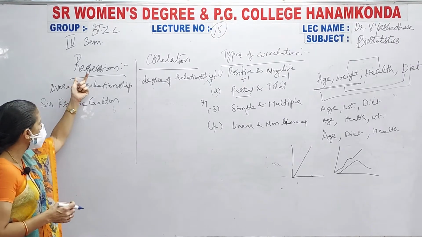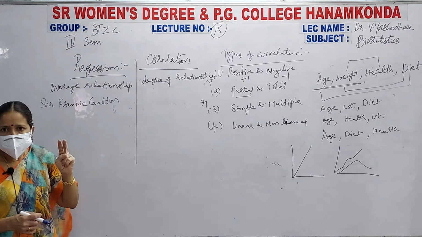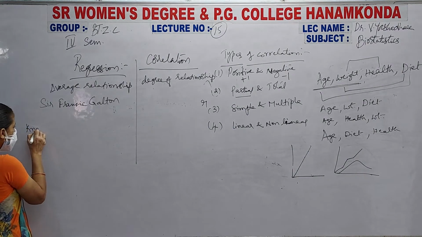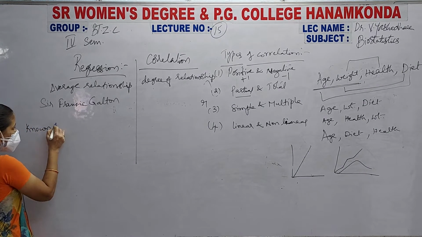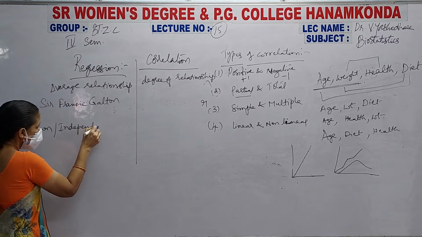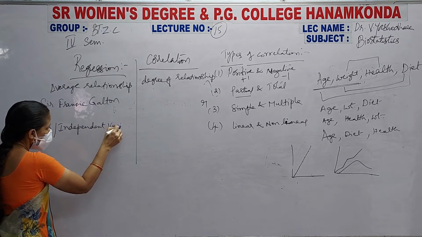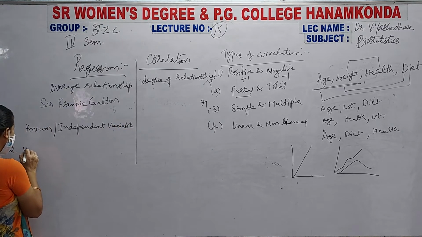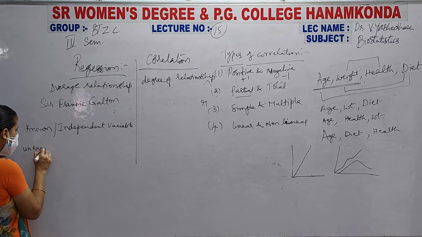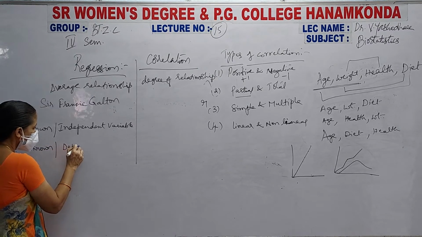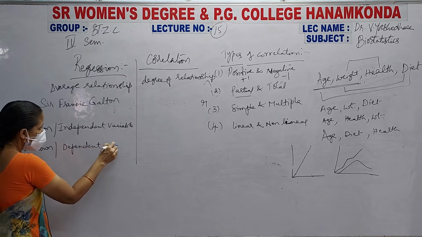Now this regression consists of two variables. One is known as the known variable, or it is known as the independent variable. The next one consists of the unknown variable, or it is known as the dependent variable.